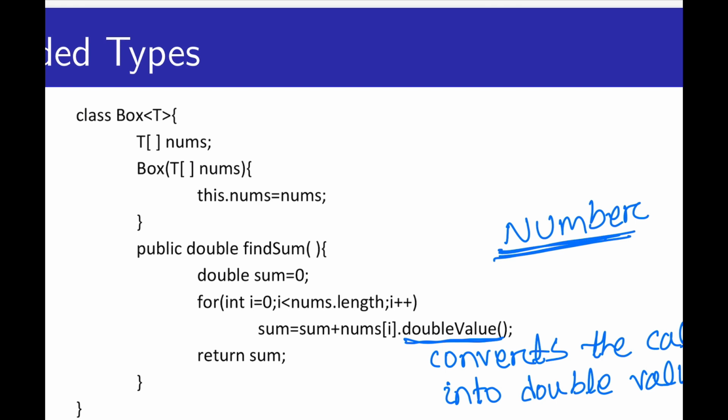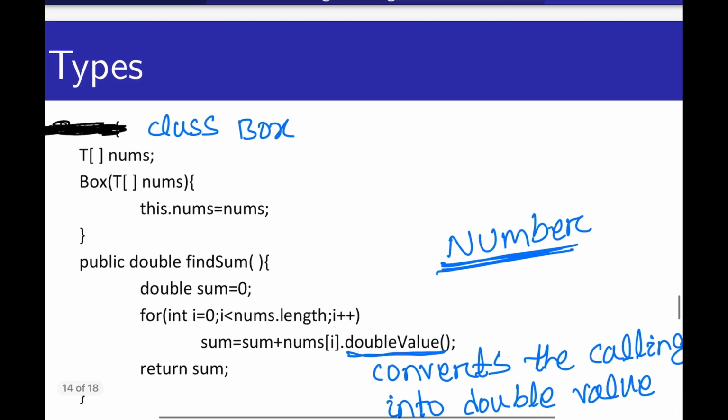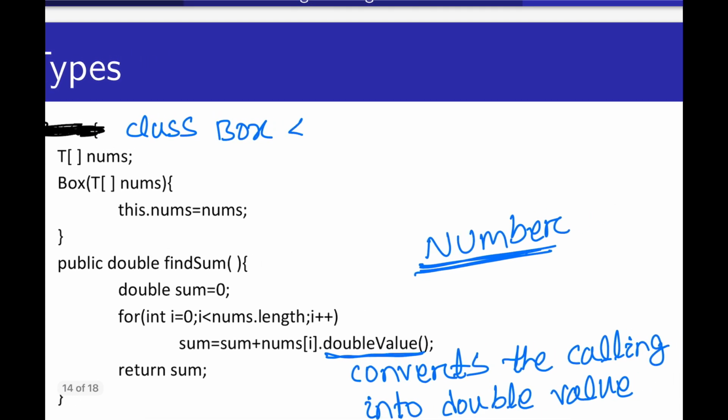For that, instead of writing T directly, let us write it like this. Let me delete this statement. Instead of this, I am writing class Box, then T extends Number.